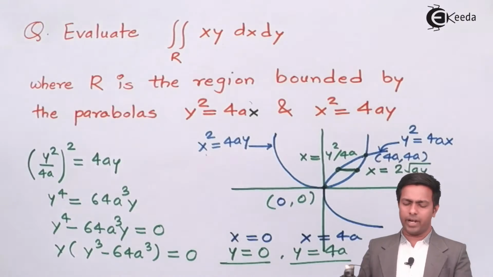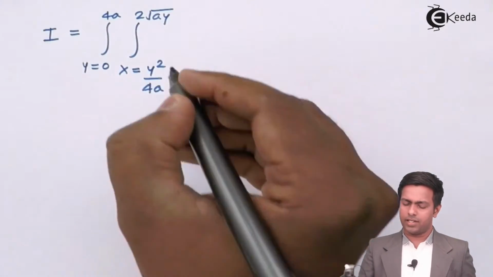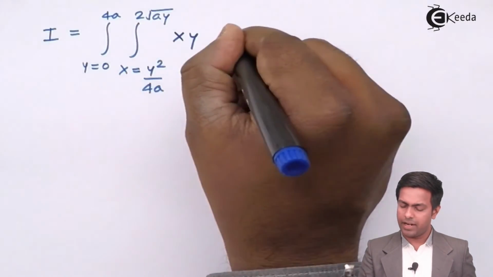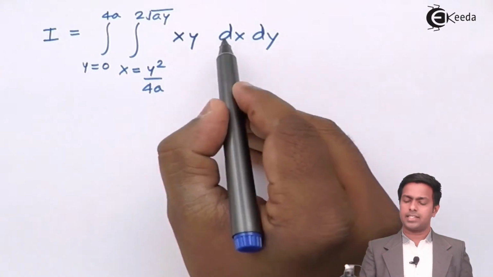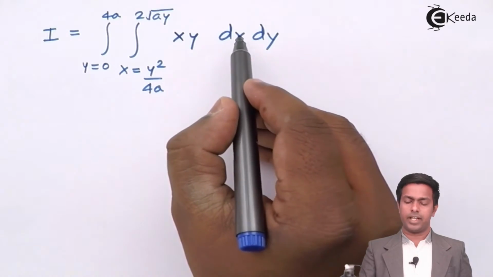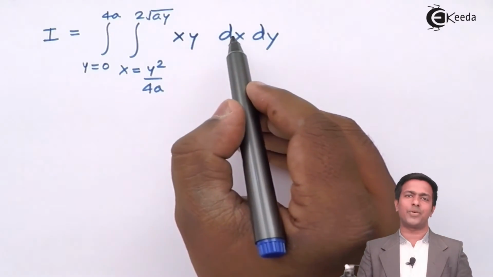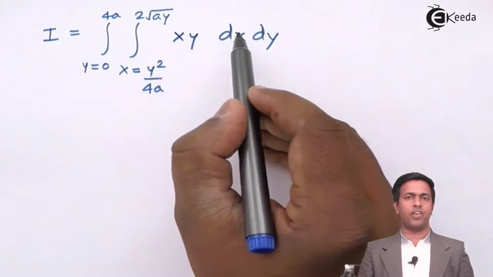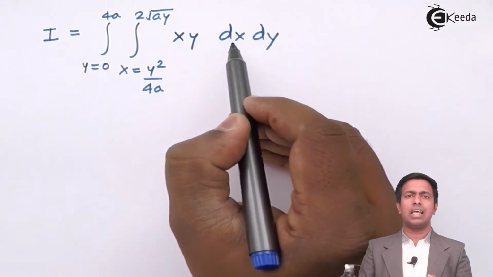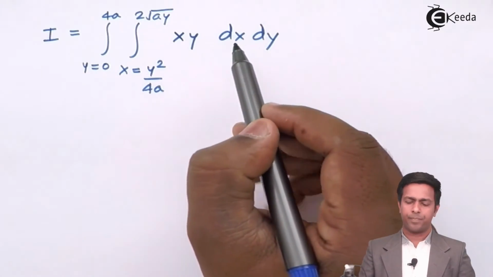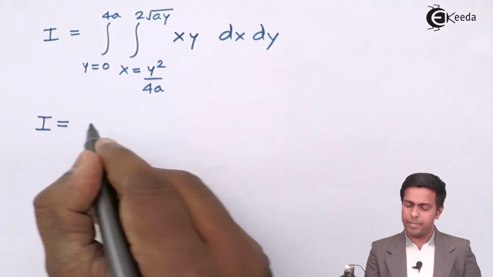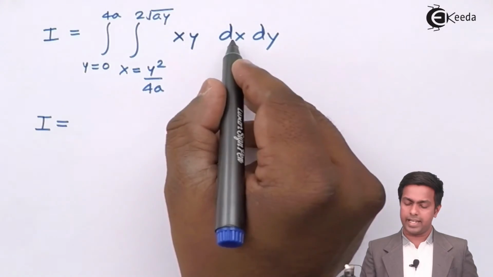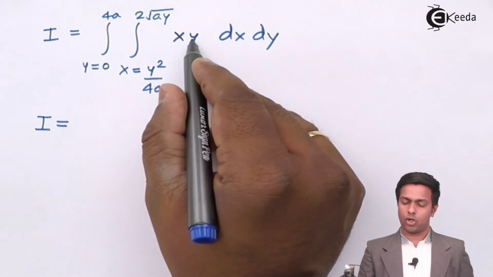So let's move ahead. Here the function is xy and here we'll write dx dy. Now why dx? The reason is we have taken a strip which is parallel to x-axis. Hence the integration will be with respect to x first and then with respect to y. So let's start. Since I am integrating with respect to x, y is constant.